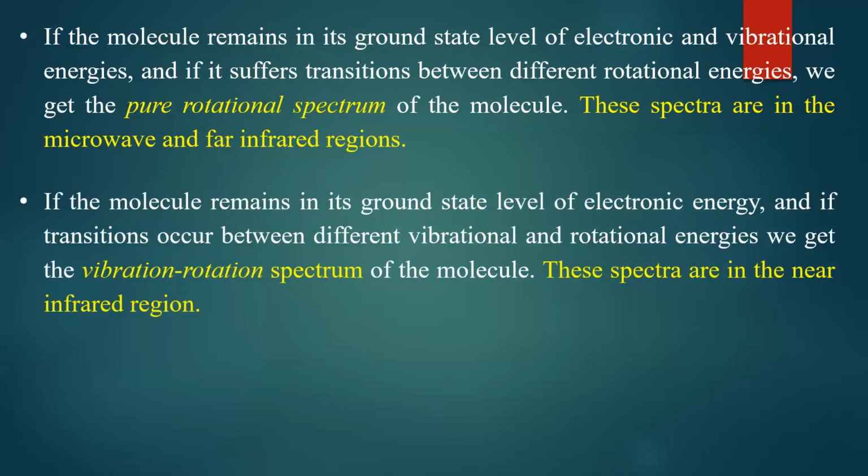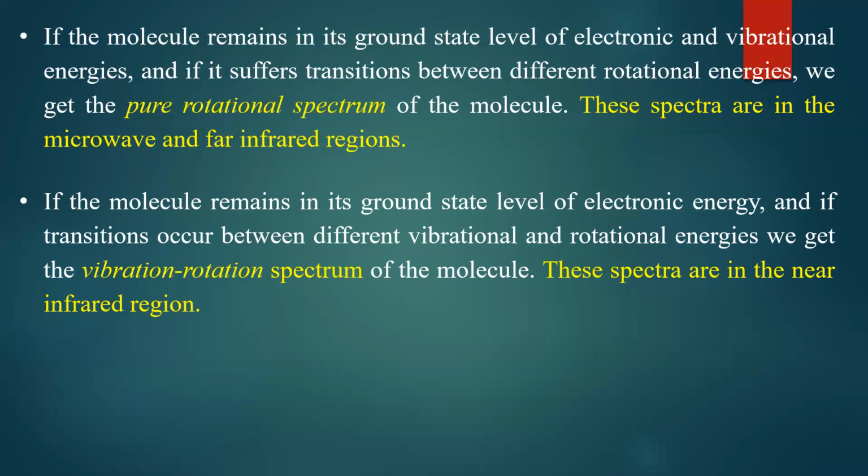So if the molecule makes transitions between vibrational and rotational energy levels, we get the vibration-rotation spectra. Sometimes it is also called the RV spectrum, the rotation-vibration spectrum. These spectra are observed in the near infrared region, so almost in the infrared region.